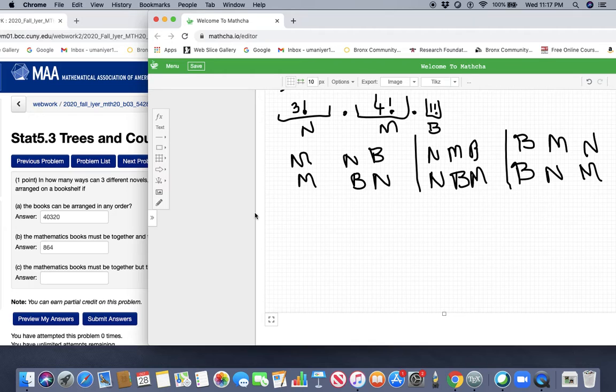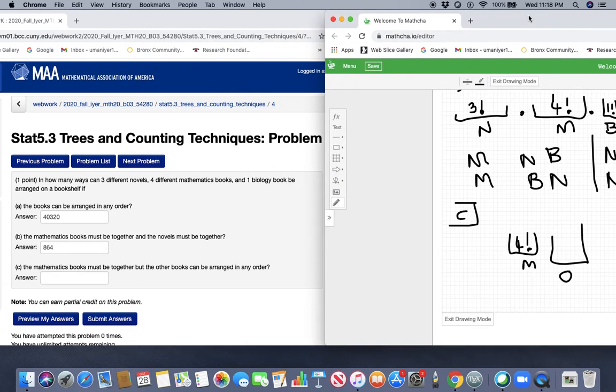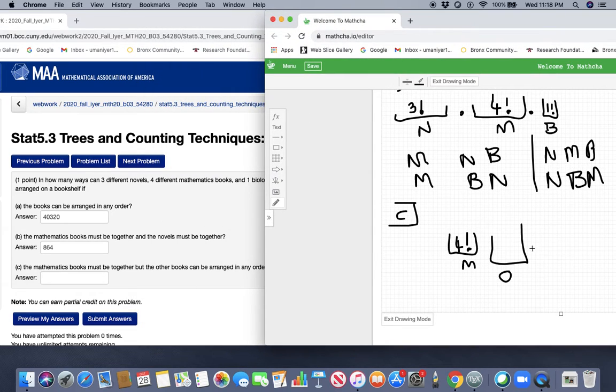So you have the 4 mathematics books as one block, which gets me 4 factorial. And then the other books can be arranged in any order. So it is not exactly a block.